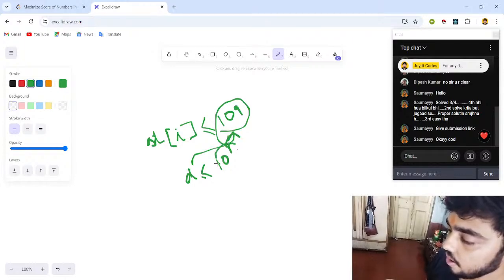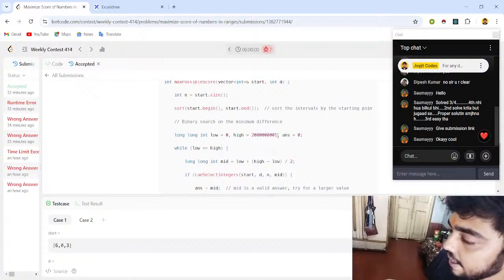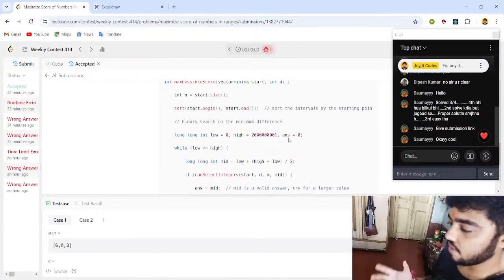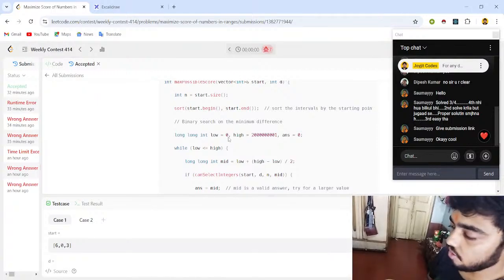So adding these two, it becomes 2 into 10 to the power 9, right? The value that I've taken is also 2 into 10 to the power 9, but just for safety I'm adding 1 to it. And low is also 0, but that is also for safety. We could have also gone for 1. It won't make any difference. Or low can be 0 actually, sorry, low won't be 1, low can be 0.